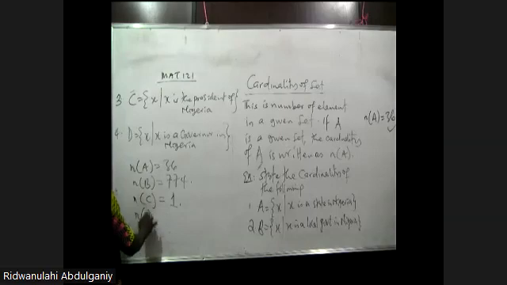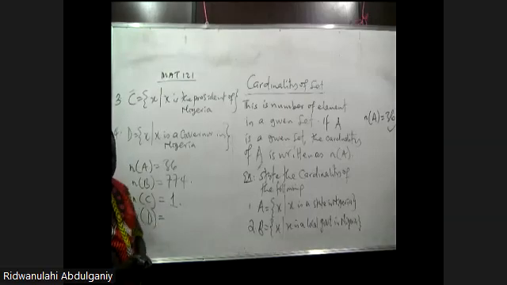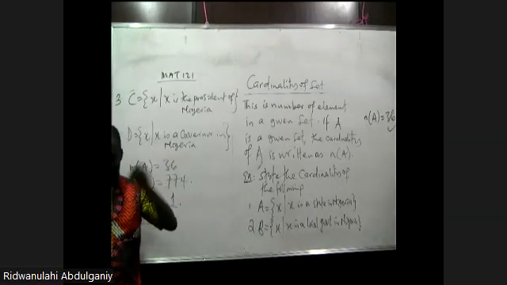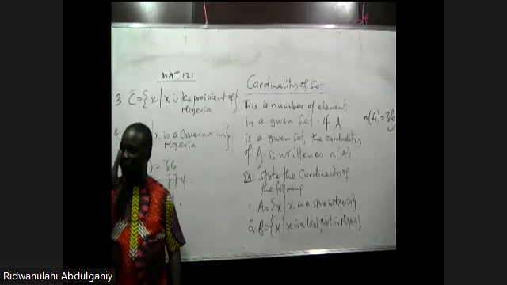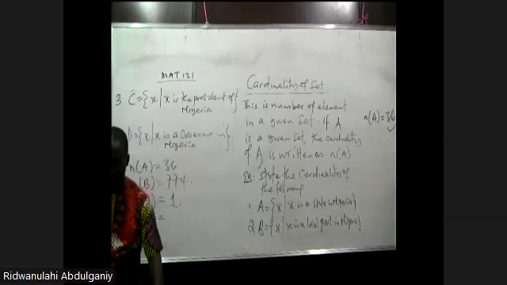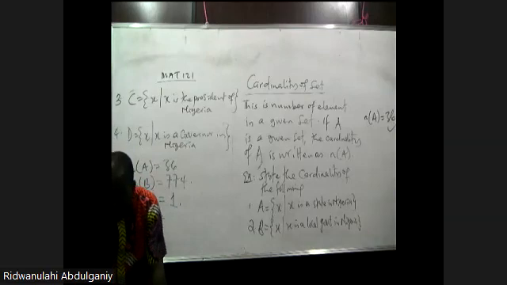Now, what's the cardinality of D? If you get this D, you have 2 marks straight. So only Noah raised a hand. Okay, Noah, let me start with you.